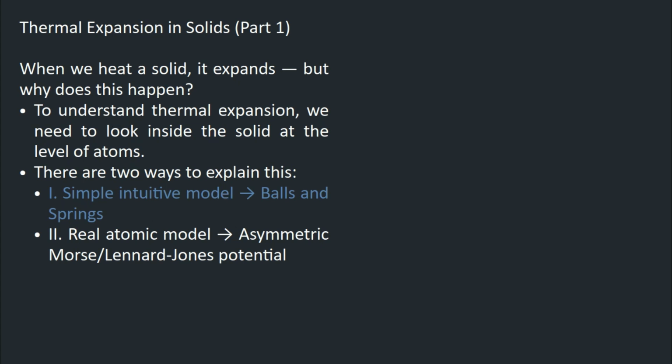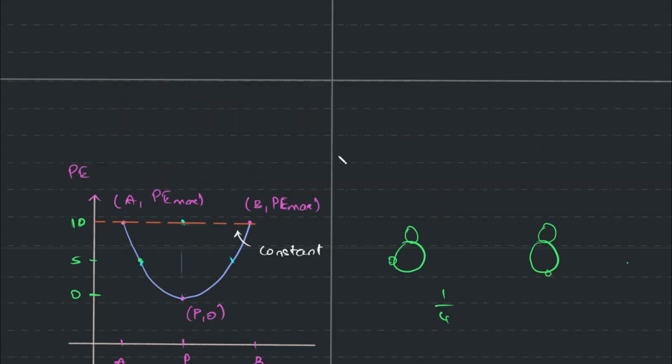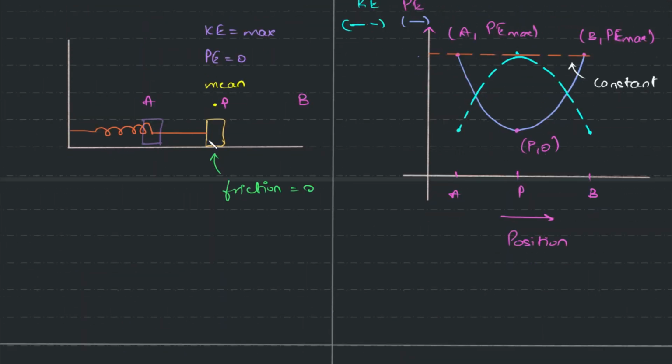The model is called the ball spring model. It takes up the concept of a ball being attached to a spring on a frictionless surface. When you pull it and leave it, it goes back and forth. While this is happening, the kinetic and the potential energy keep varying, but the total energy remains the same.